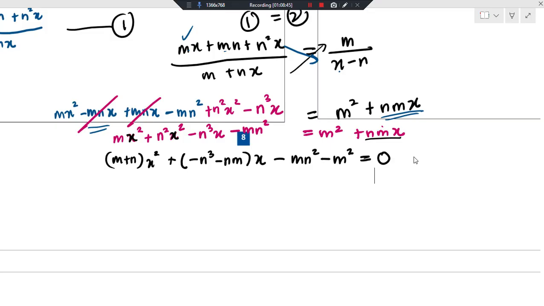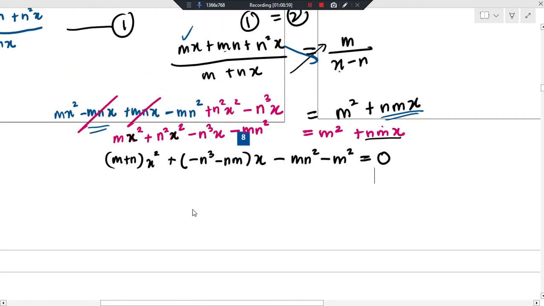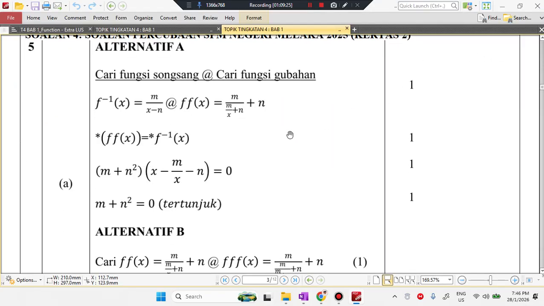Mana N cube tadi? Oh, N cube dekat sini. This one is not possible to factorize. How to factorize that, man?